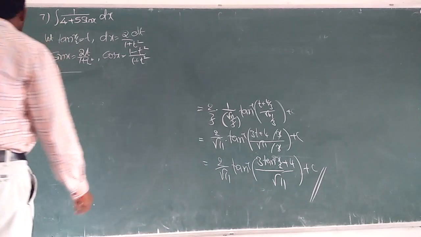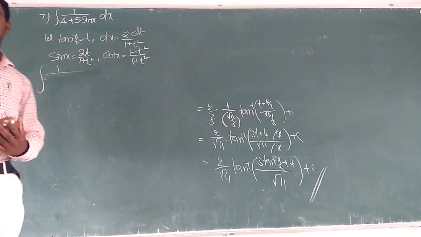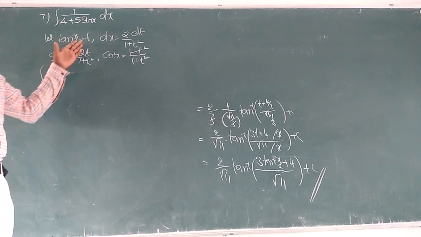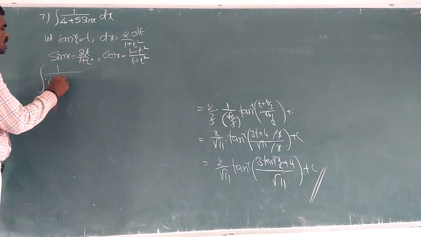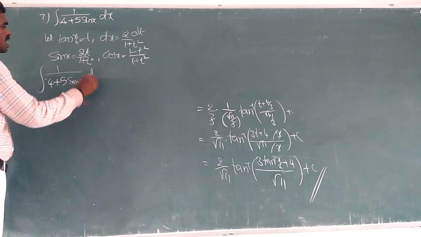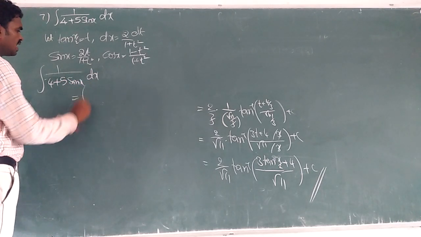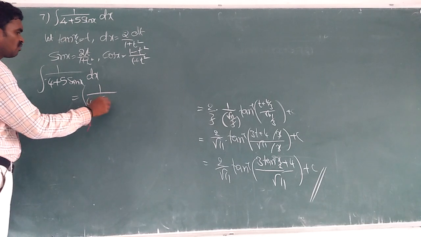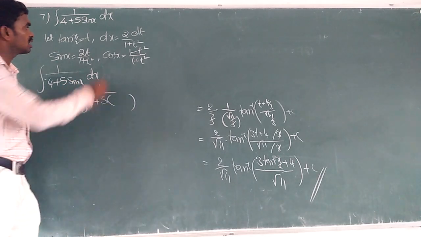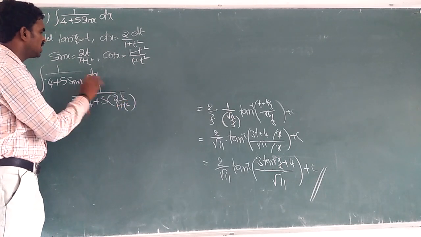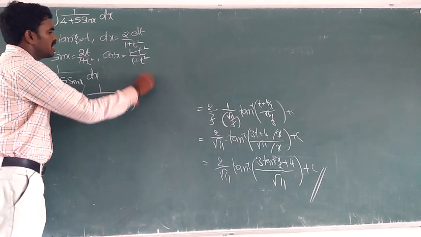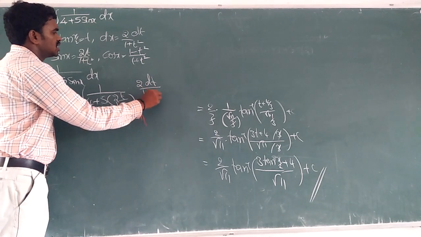Next, second question. Integration 1 by 4 plus 5 sin x dx. Same: t equals tan x by 2, and sin x is 2t by 1 plus t square, dx is 2 dt by 1 plus t square.